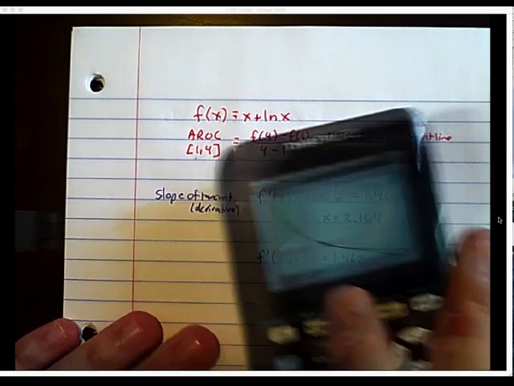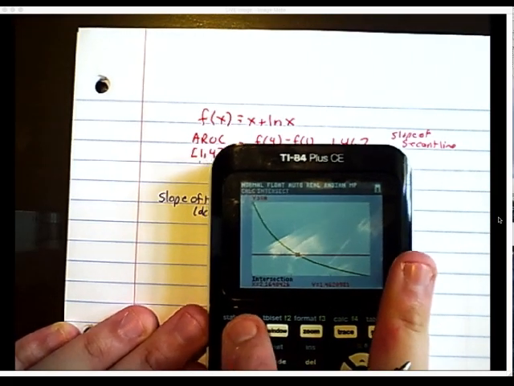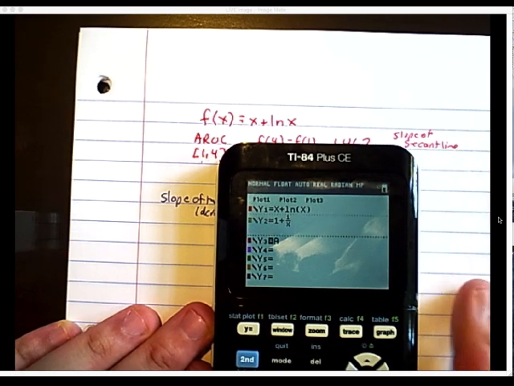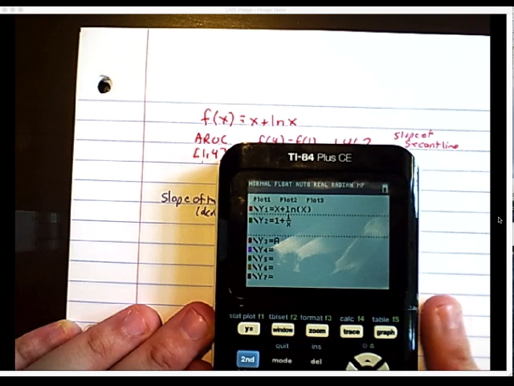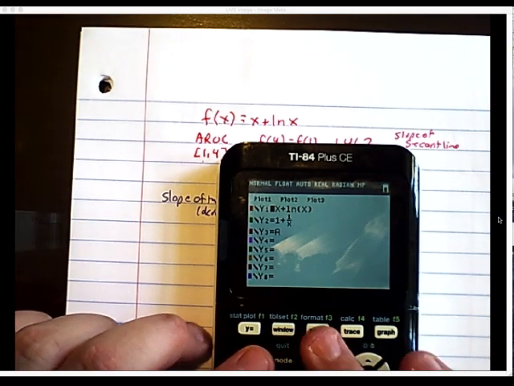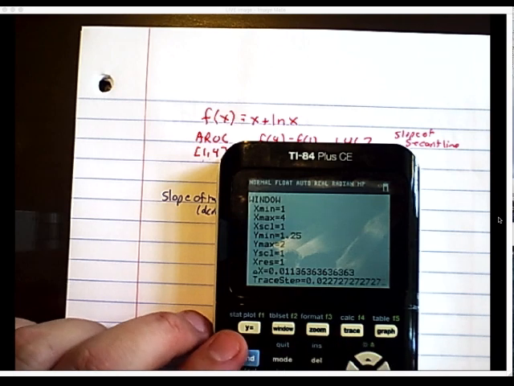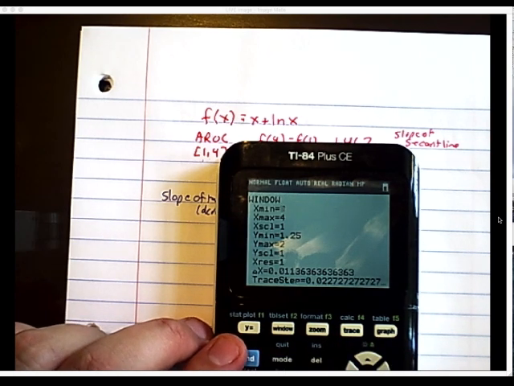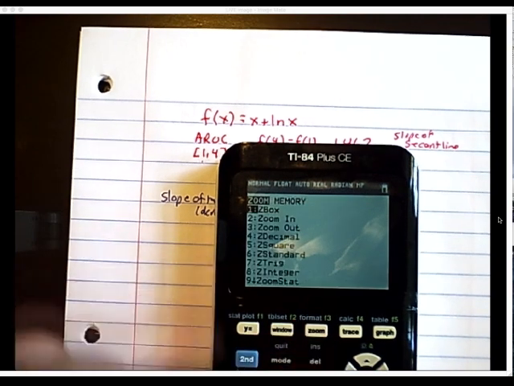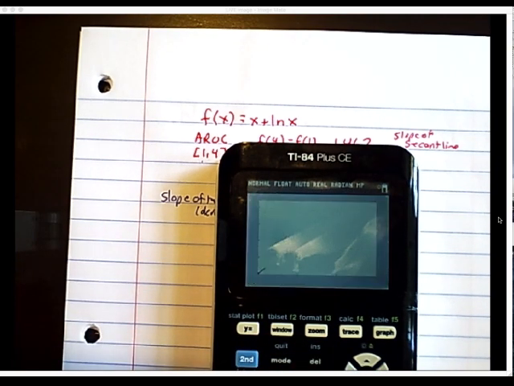Here's a way we can make sure. Go back to your y equals, turn off the derivative, turn off that line, and go back to the original function. Here comes the original function again.